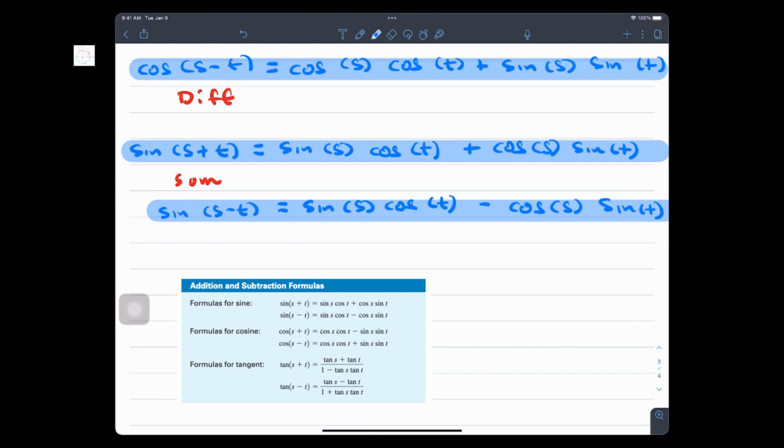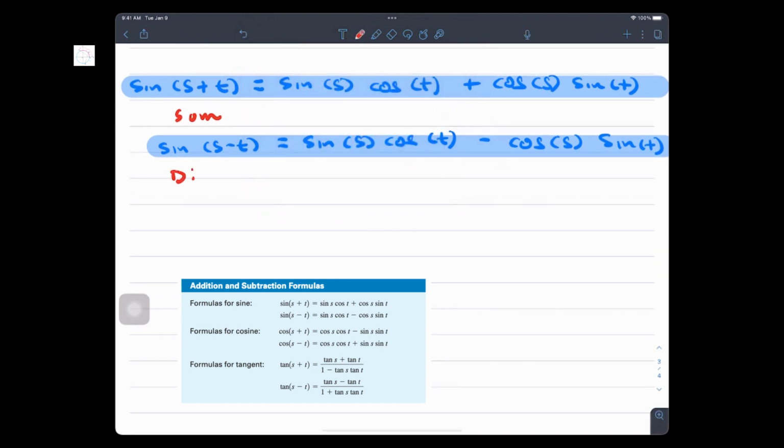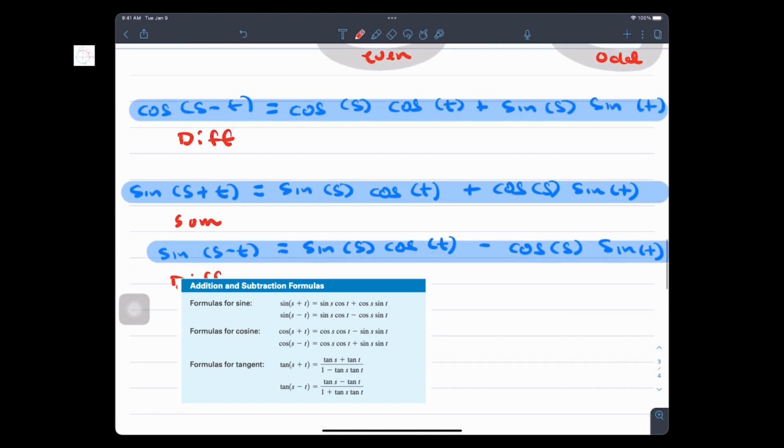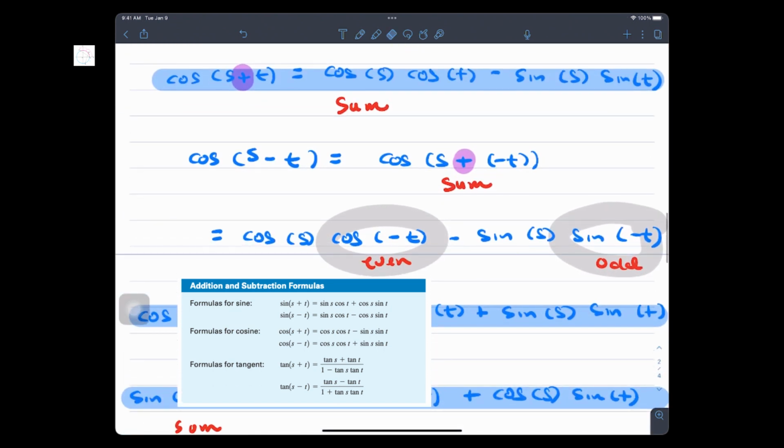All right, so this is going to be your difference formula here. Okay, you guys okay with that? They just didn't fall out of the sky. They were proven. You did the same even and odd stuff here. Once you have the addition formula, you can actually just apply the even and odds. All right.